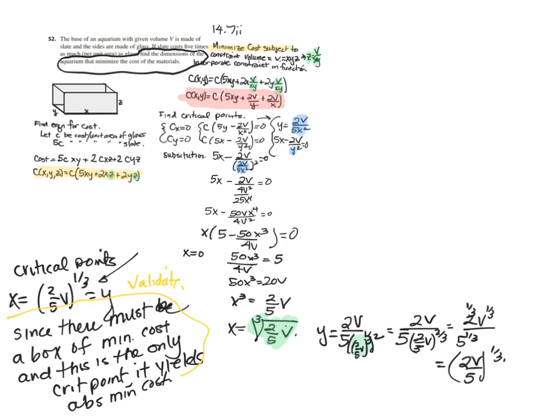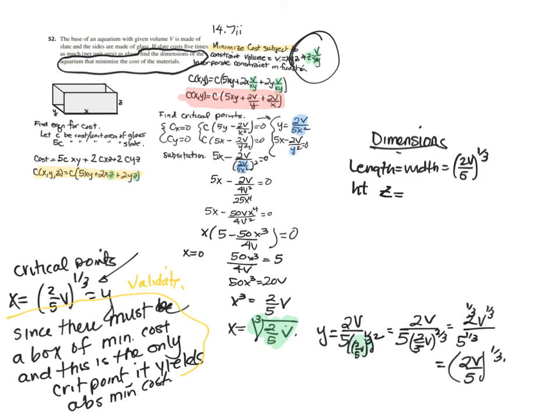The dimensions are the length and the width need to be the third root of 2/5 v, and then the height is z, and z was volume over xy.